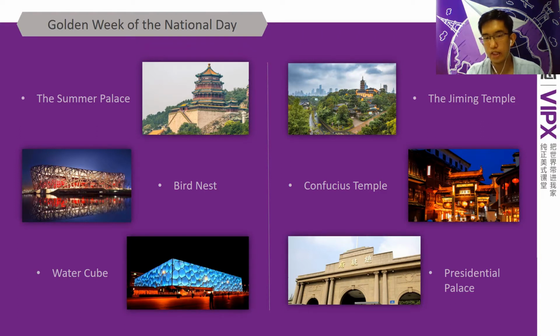The second one is the Confucius Temple. The Confucius Temple in Nanjing is one of the four very famous and significant Confucius temples in China. It was also the source of officials in the Ming and Qing dynasties because it had an examination hall here.